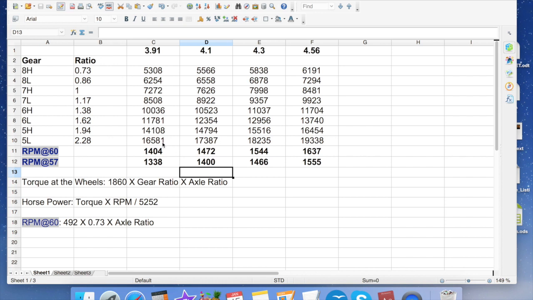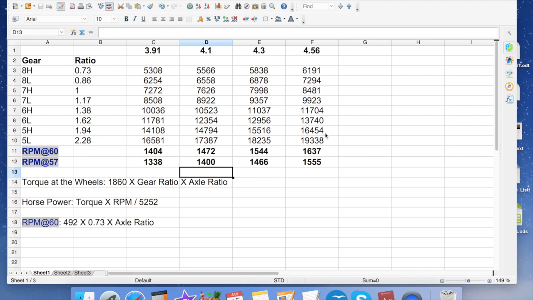Which means that on that particular hill, where I had to go down all the way to 5 low with 3.91 ratio, I would be able to maintain or stay in 5 high. But for that to happen, I would have to go not to 4.10 or even 4.3, but 4.56 axle ratio, right?